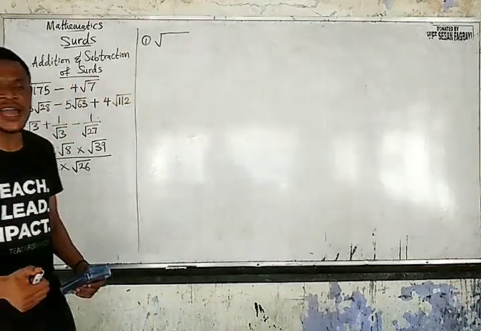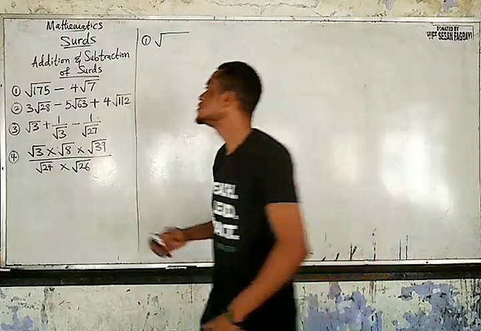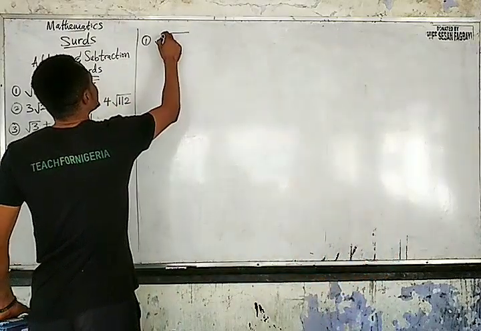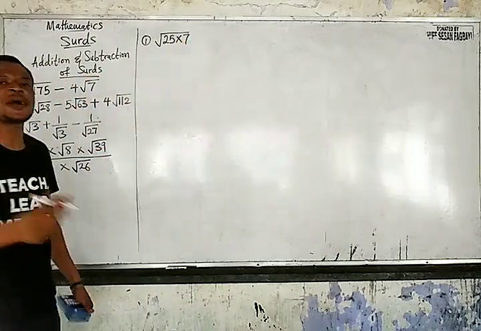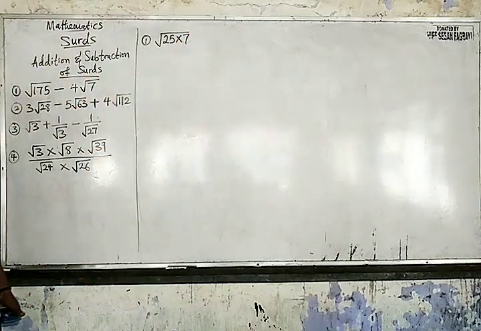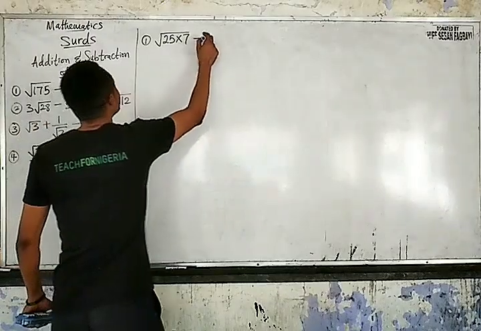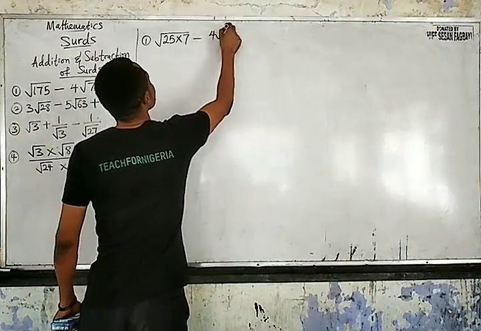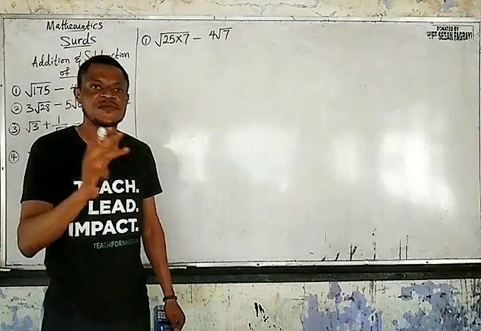Now, 175 divided by 25 will give us 7. 25 multiplied by 7 will give us 175. As for this, we will write it as it is, 4 root 7. And the root of 25 is 5.